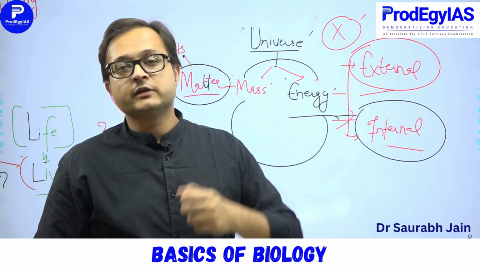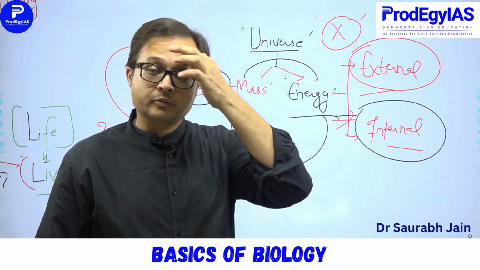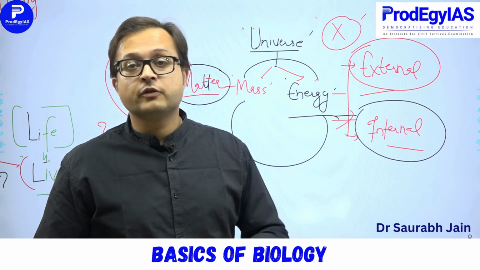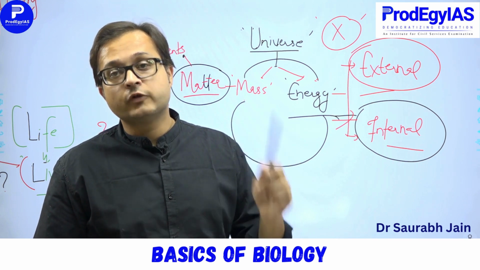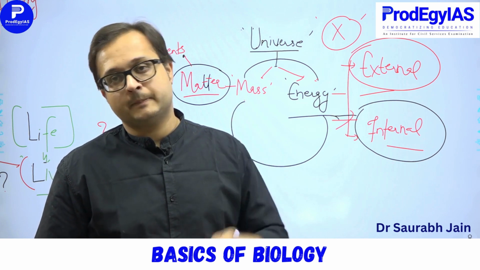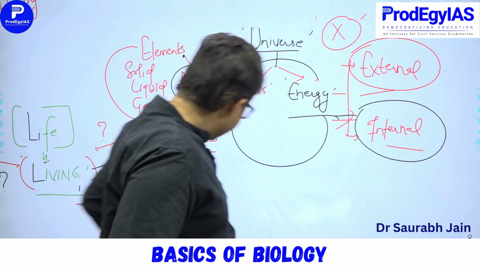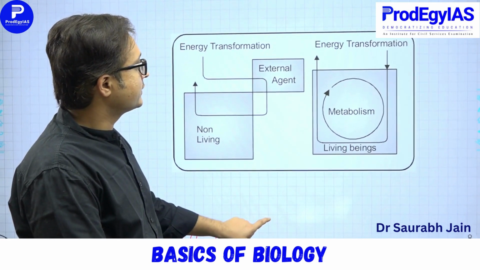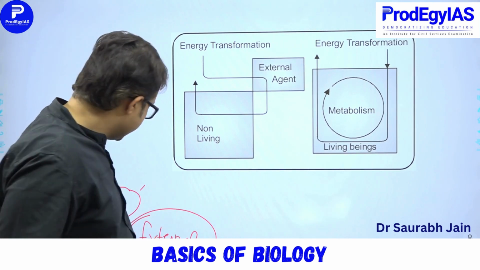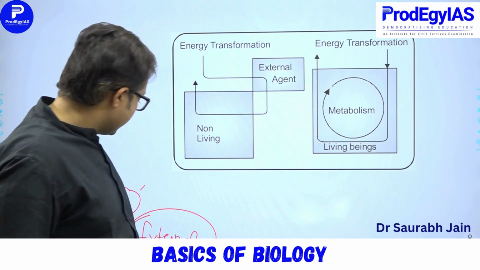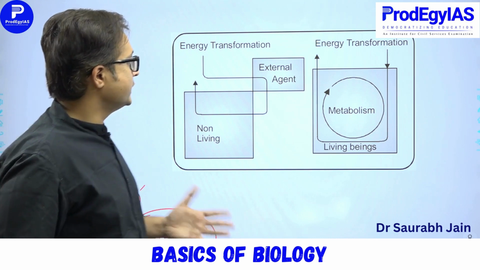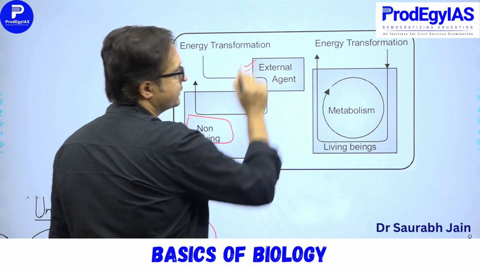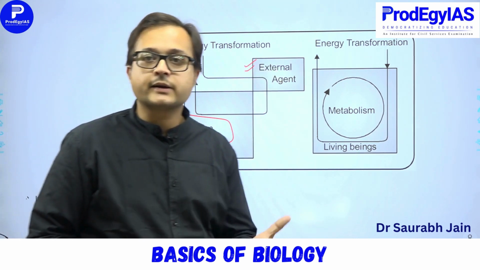So living beings have their own integral aspects, so they can transform matter and energy and fix and utilize, whereas non-living things always require an external aid to transform this matter and energy. So quickly we can summarize what we have seen: if there is transformation of energy, non-living beings will always require an external aid, an external agent, an external factor involved.